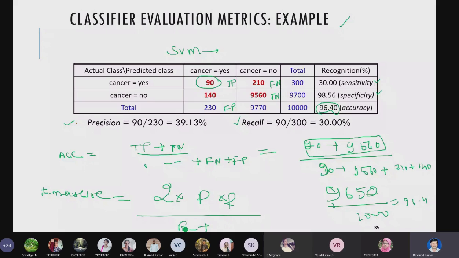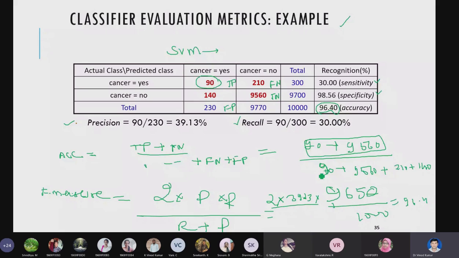So how much will you get? 2 multiplied by precision. How much value is there for precision? Precision is 39, a very low value, and 13. Multiplied again by the recall. What is the recall? Recall is 30.